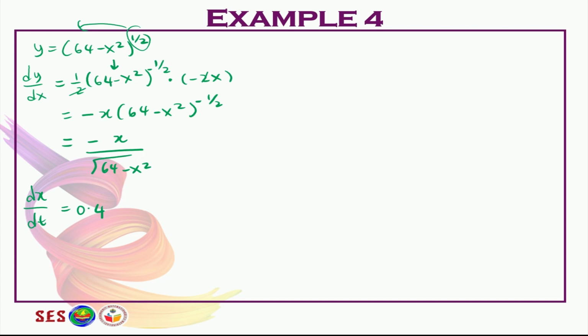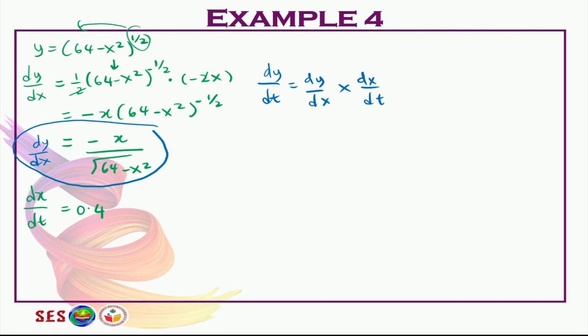And then from the information given, you have dx over dt is equal to 0.4. So now you can find dy over dt is equal to dy over dx times dx over dt. So we have dy over dx is equal to negative x over square root of 64 minus x squared, times dx over dt is equal to 0.4.